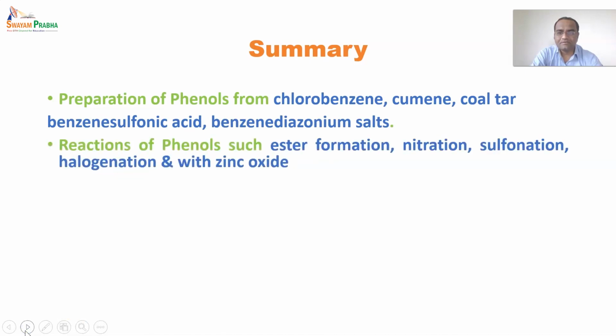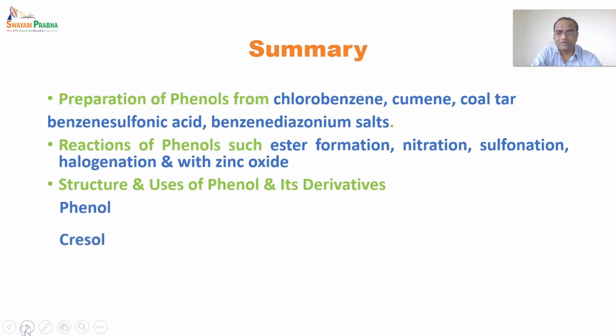After that we saw reactions of phenol such as ester formation, ether formation, nitration, sulfonation and with zinc oxide. We also saw the structure and uses of phenol and its derivatives: phenol first, then ortho-cresol, then resorcinol and then naphthol.